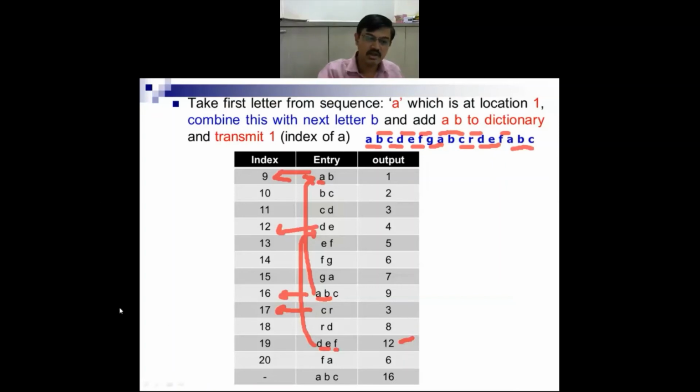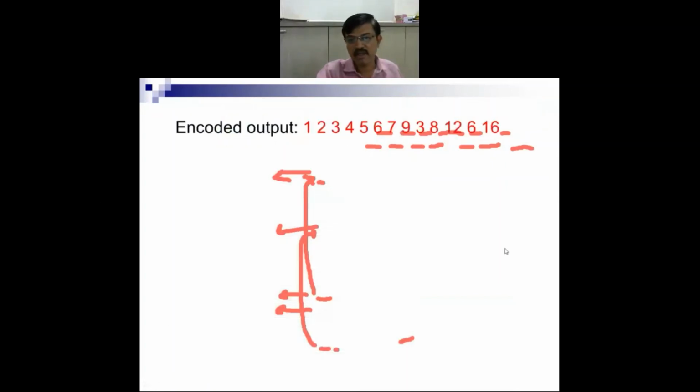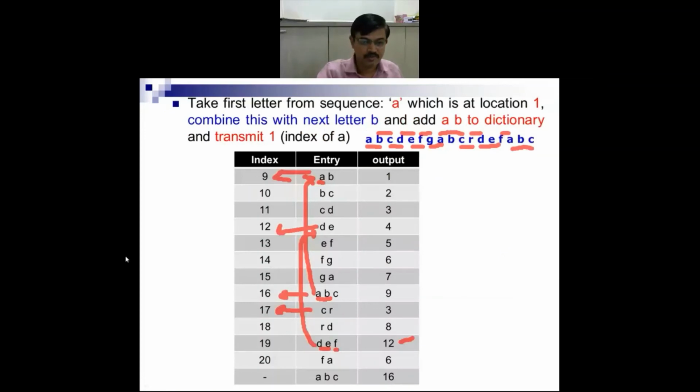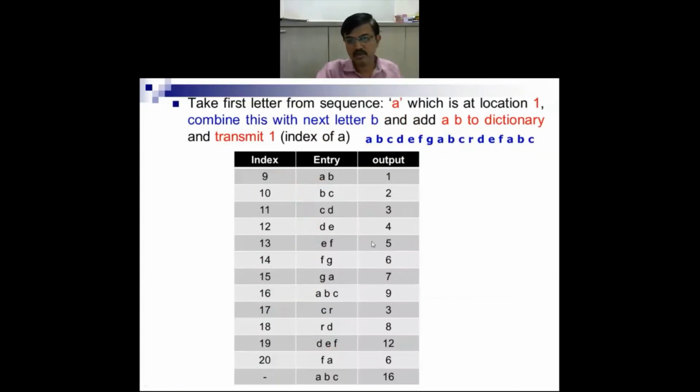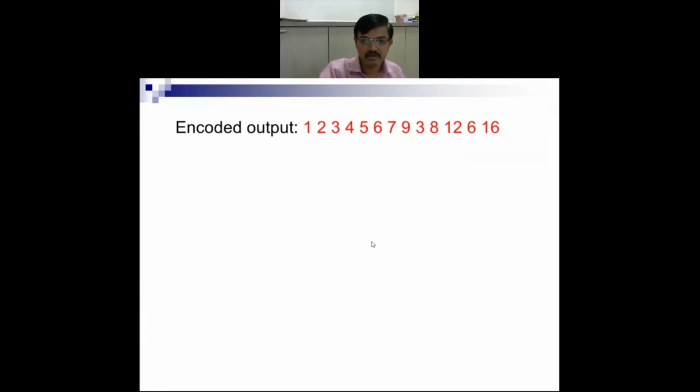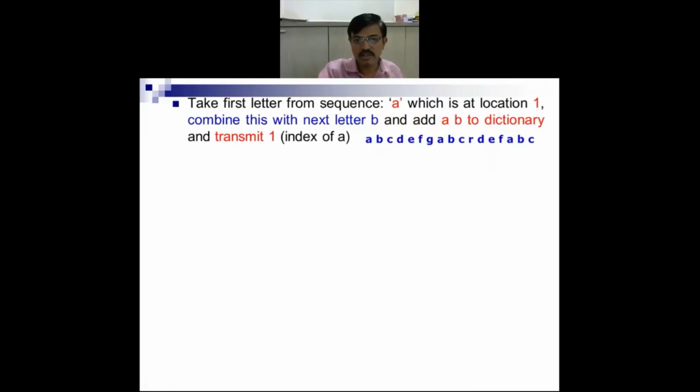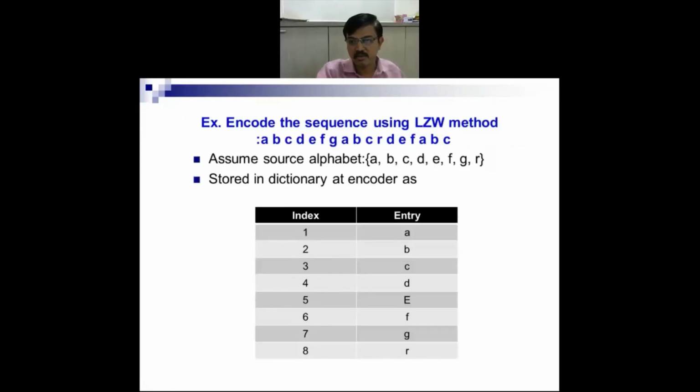So this is the output of my LZW code. I hope I have explained the thing in a better manner. So the encoded output will be 1, 2, 3, 4, 5, 6, 7, 9, 3, 8, 12, 6 and 16. Okay, so this is the encoding of LZW, that is Lempel-Ziv-Welch code.